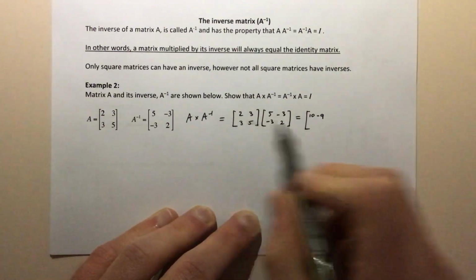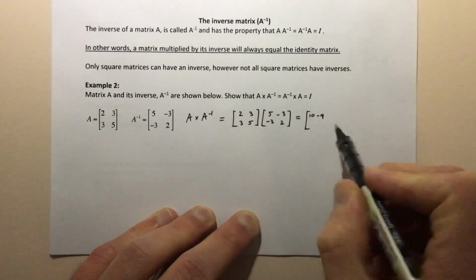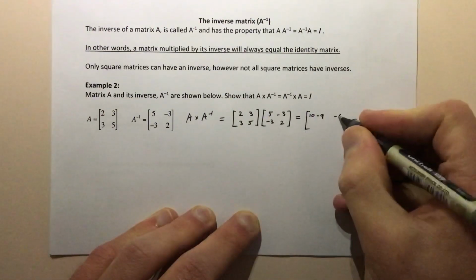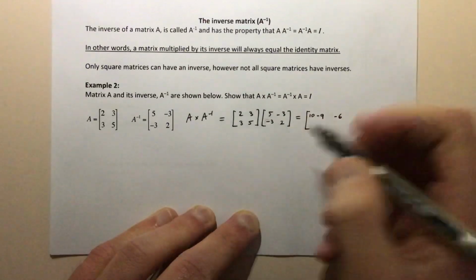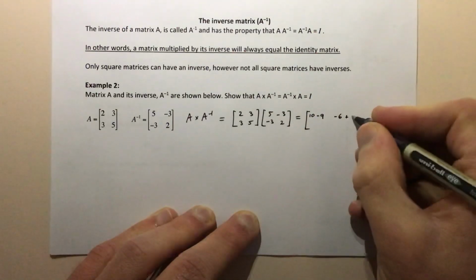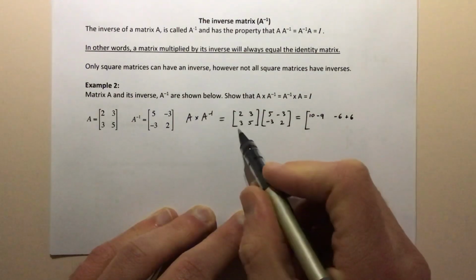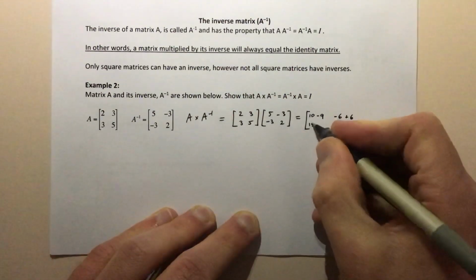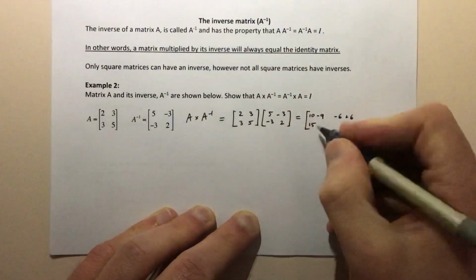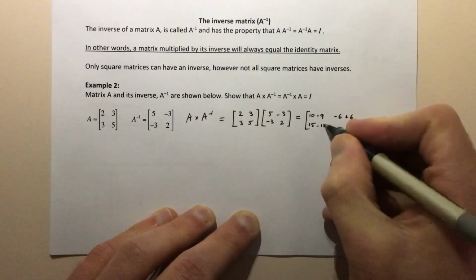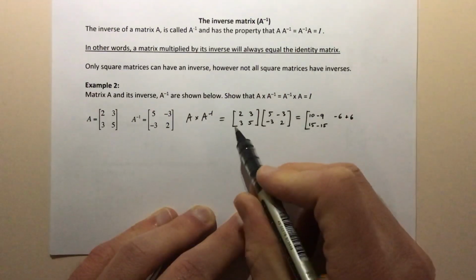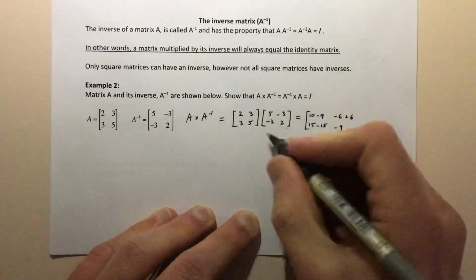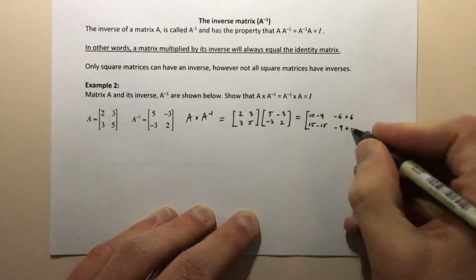Then staying in the first row but the second column, I'm going 2 times -3, plus 3 times 2. Then going down to the second row, first column, 3 times 5, plus 5 times -3, so that gives me plus -15. 3 times -3 gives me -9, plus 5 times 2, which gives me 10.